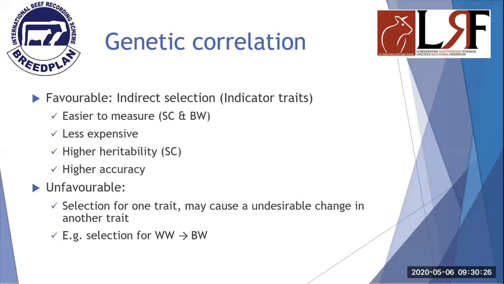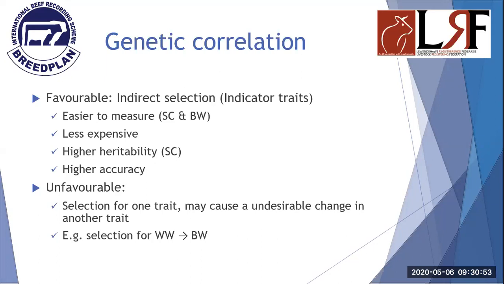It might also be less expensive to measure the indicator trait. So for example, if we measure scrotal circumference, it is less expensive than to observe the age at puberty in the female offspring.